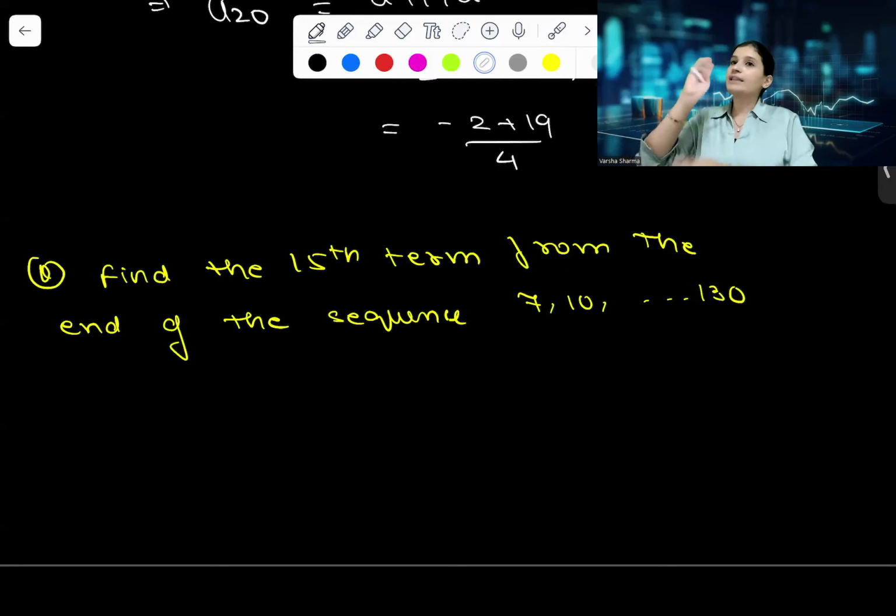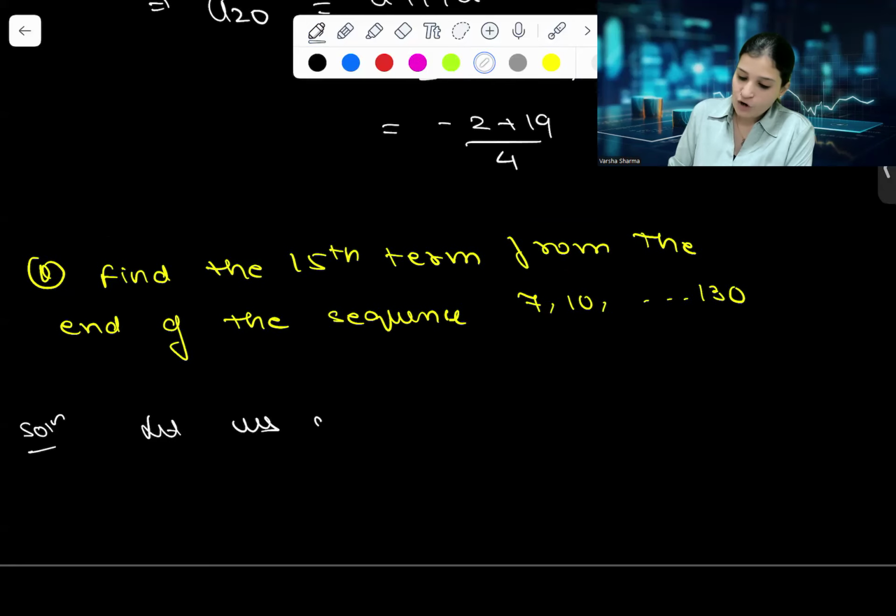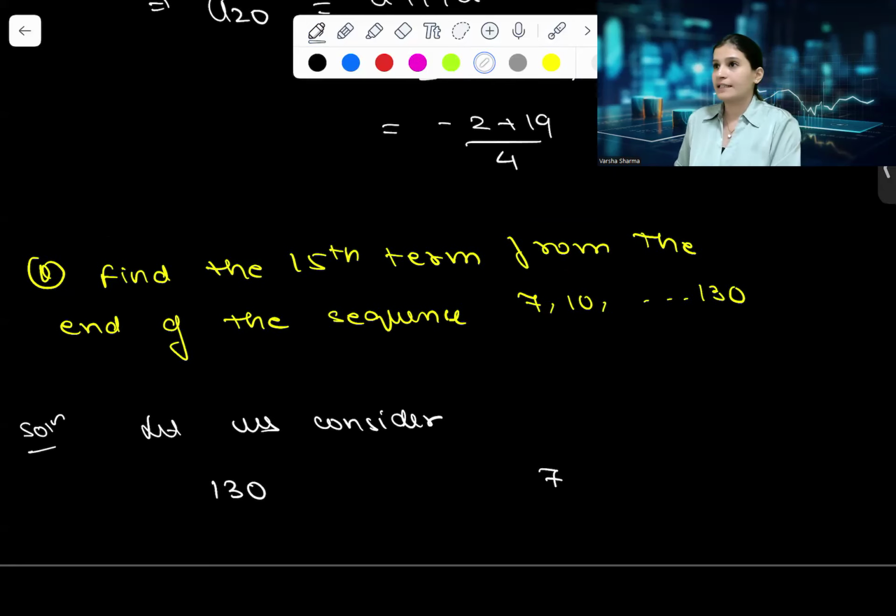So let us make 130 the beginning so that we can use the same formula here. When we are reversing the sequence, always write the first term and the last term. 130 comes to the front, 7 goes to the back. Near to 7, we need to write 10. This is how you make sure that you have written correctly.